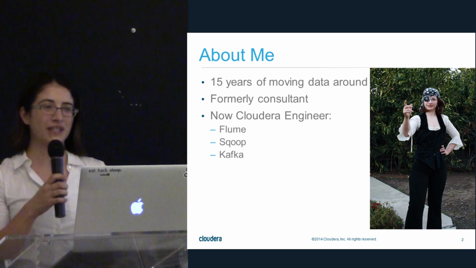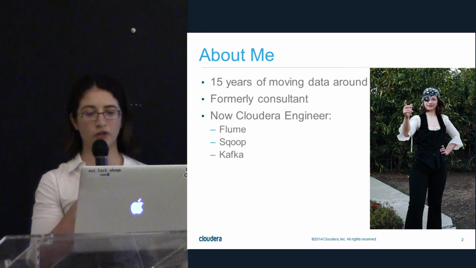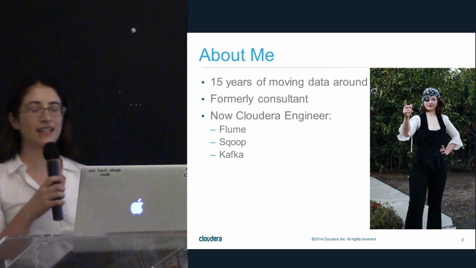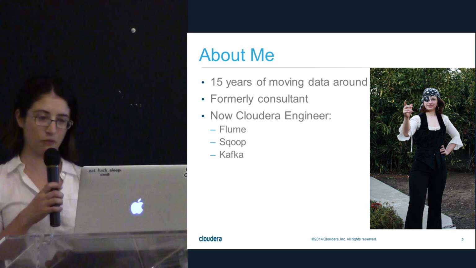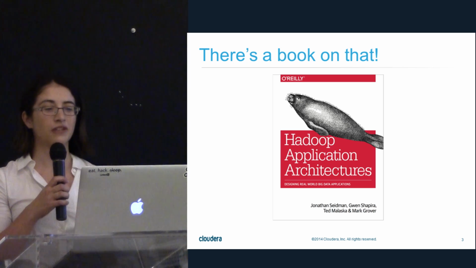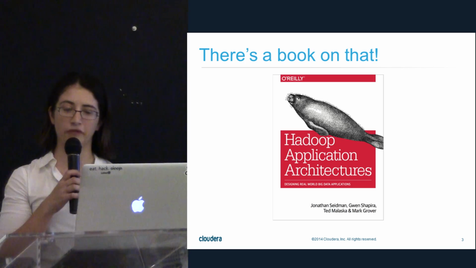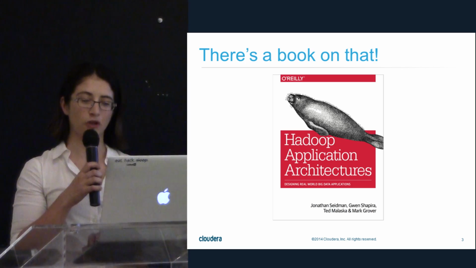So now I'm on the team that works on the problem of getting data onto Hadoop, and I'm working on Flume, Sqoop, and Kafka as the tools that help people get data onto Hadoop. I've even written a book with some of my colleagues on how to build architectures and systems on top of Hadoop. If you have Hadoop, we hope it will be useful.